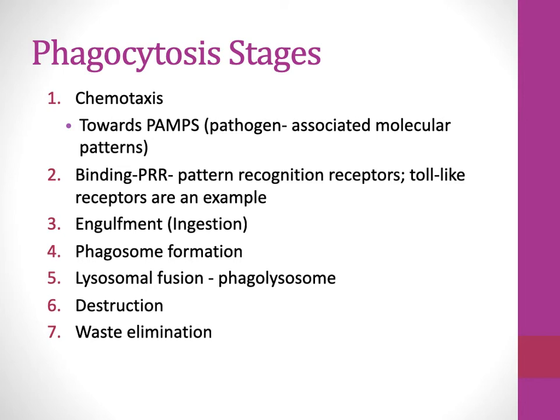That leads to the pathogen being destroyed. It gets broken down into little pieces, just like when you digest your food. And then that vesicle goes through exocytosis, so it secretes out that waste material, keeping in mind that there's also an opportunity to load this onto receptors so that lymphocytes could interact with it.